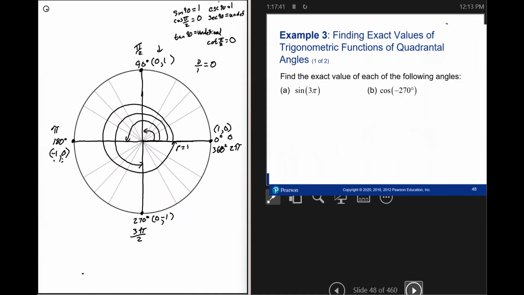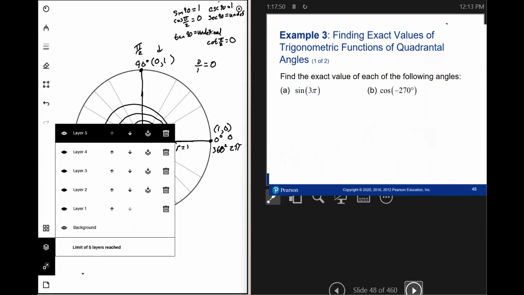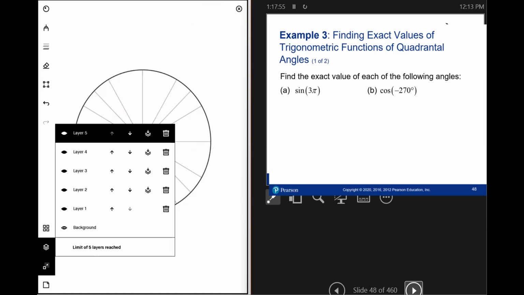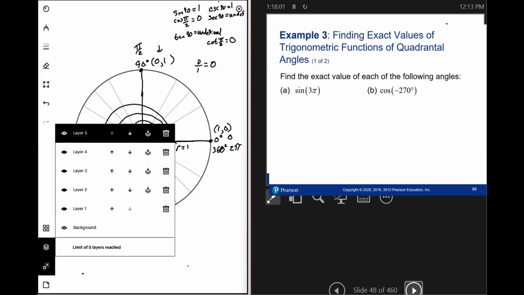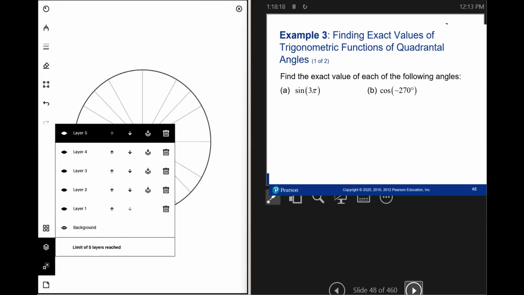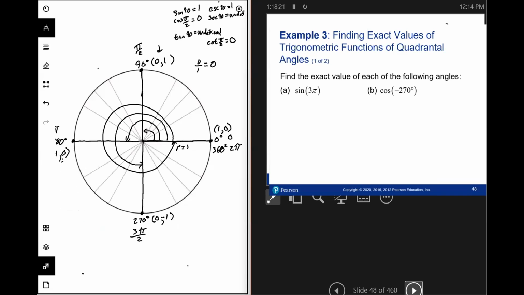All right, so to find the exact value here, I'm going to create another layer. The limit of 5 layers has been reached. Oh no. So I'm going to go back to this. But what if I go that way? All right, there we go.